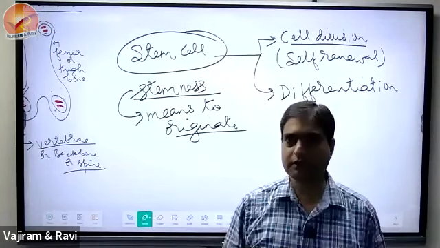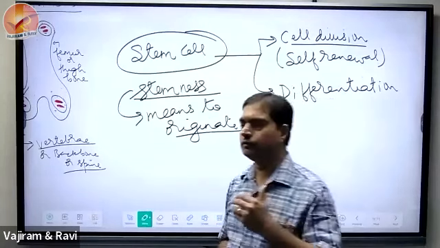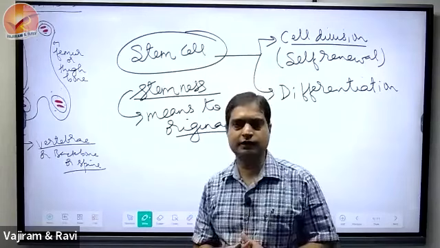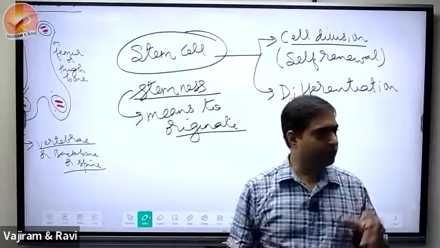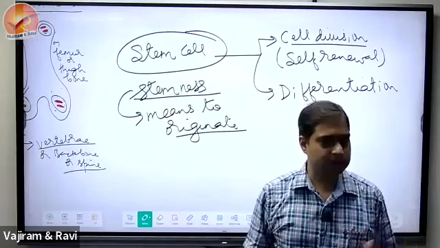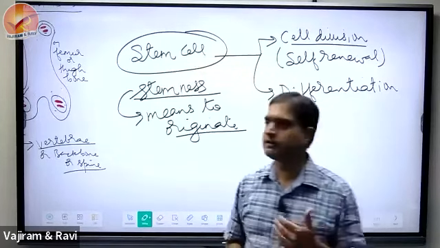Differentiation here means that it is going to differentiate into a specialized type of cell and perform a specific function in your body. So you can say functional specialization. Is it clear?